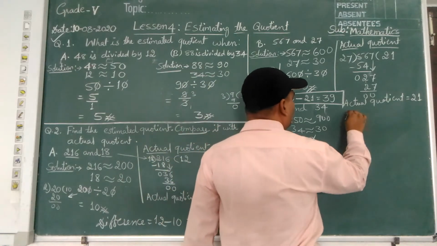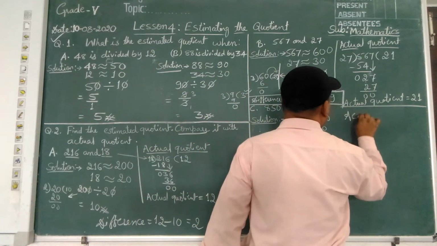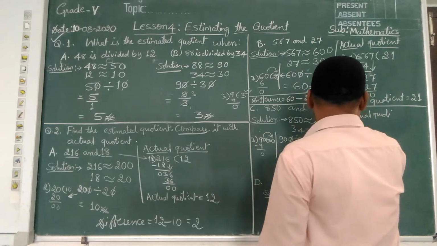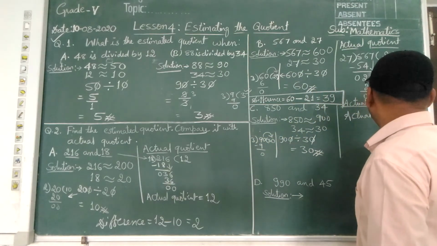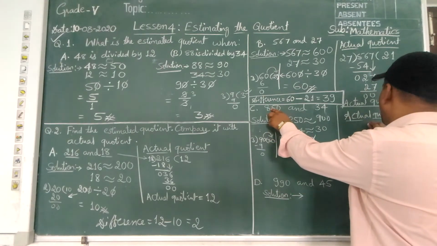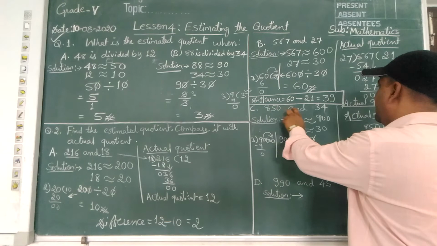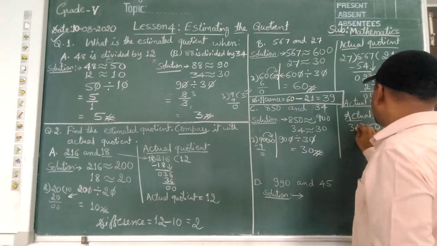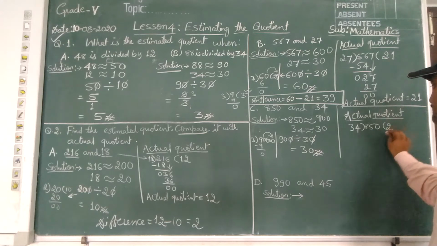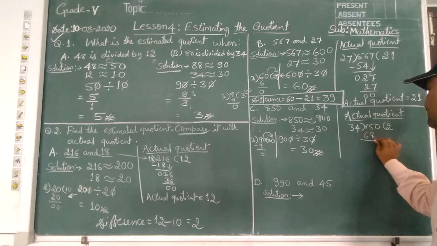Now, actual quotient we should find out. How to find out actual quotient, children? By taking the same numbers. 850 divided by 34. 34 twos are 68.